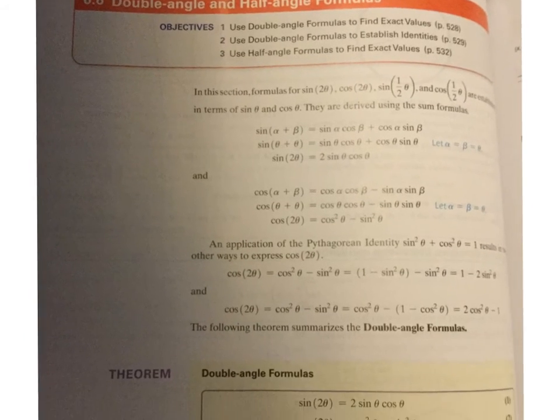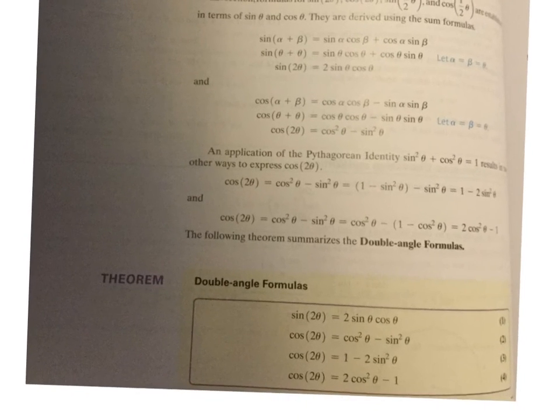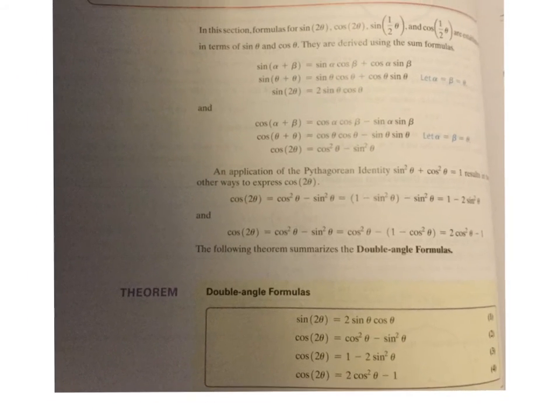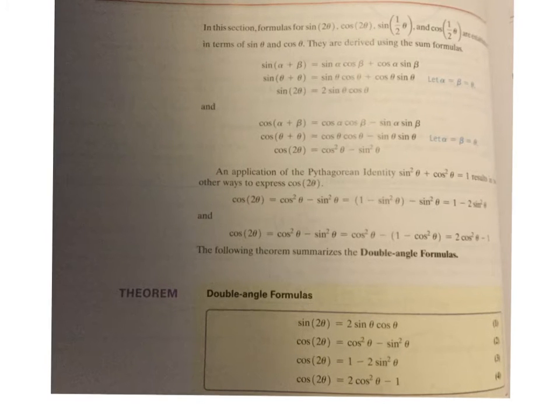Now down here, you'll notice that there are 4 formulas. We've done the first 2, and there are 2 more for the cosine. So the cosine kind of thinks it's special because it has 3 double angle formulas. Anyway, let's see how those are obtained.